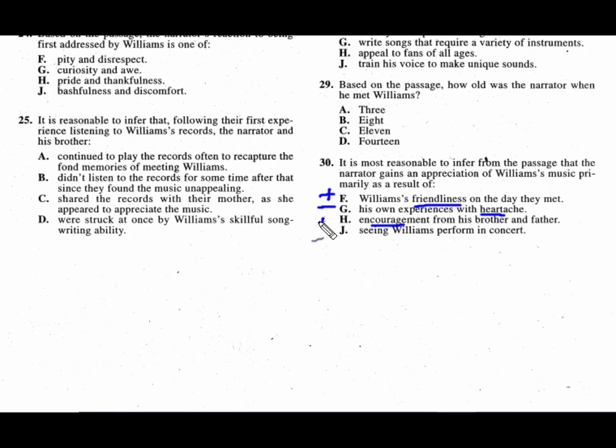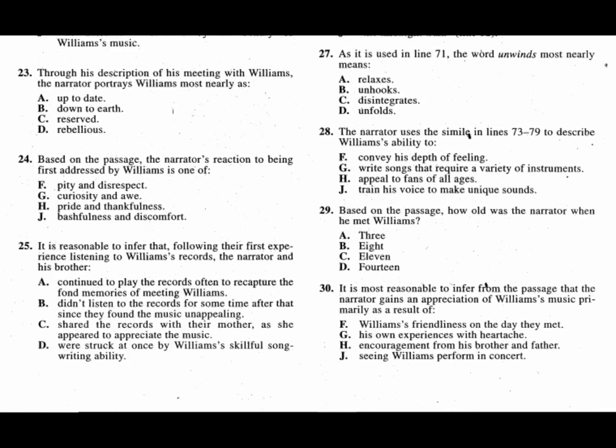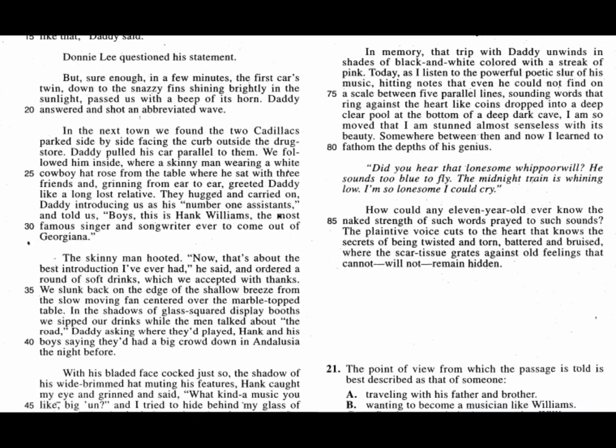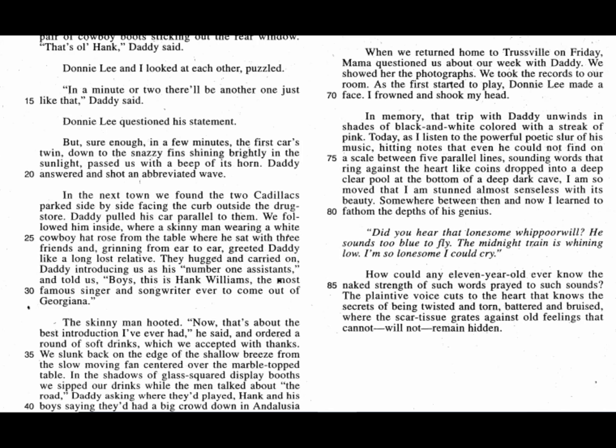Encouragement, positive. And seeing him perform in concert. All right, you can see that 3 of the answer choices are positive and the only one that pops off is negative. It's going to be answer choice G.